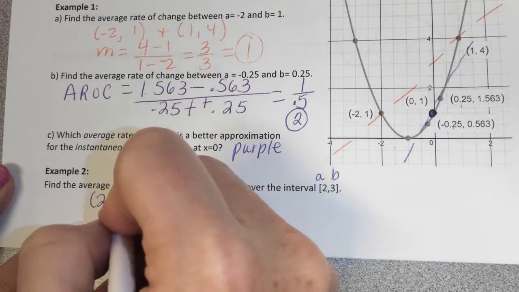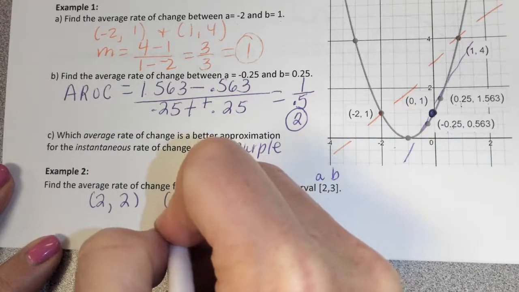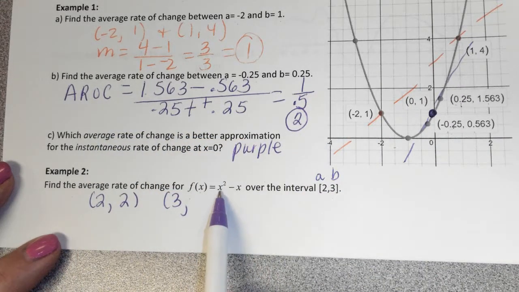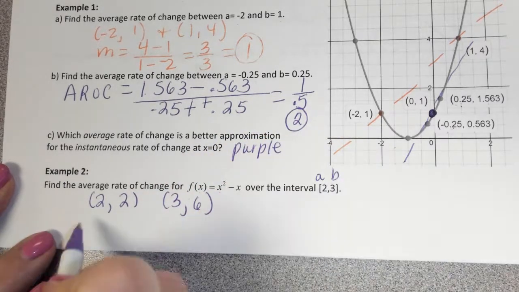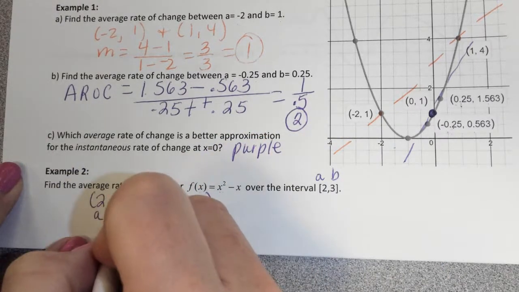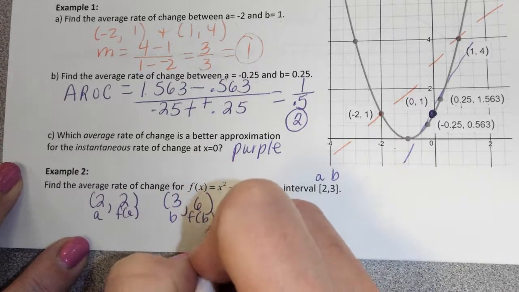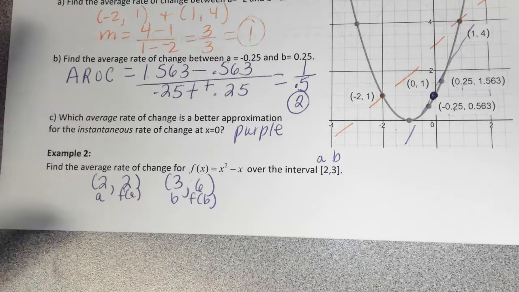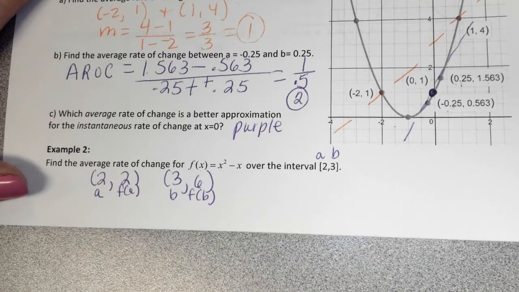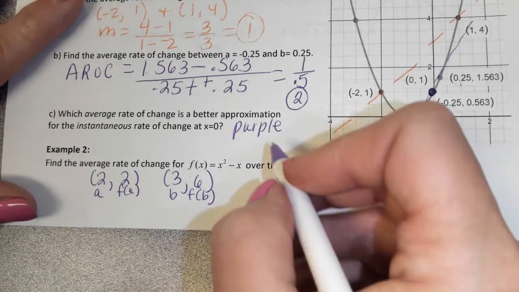What about if we plug 3 in for x in this function? What are we going to get? 6. So this would be a, this would be f of a, this would be b, and this would be f of b. Average rate of change is the same thing as slope, but you need to get used to this new notation.